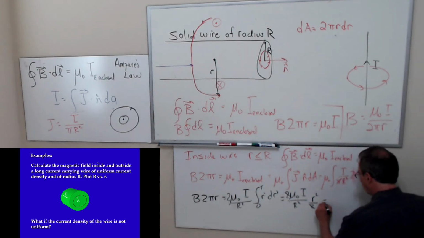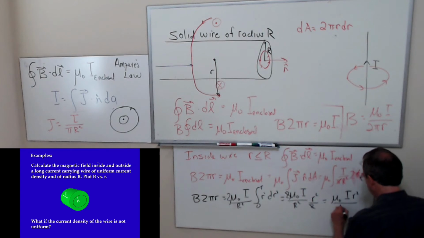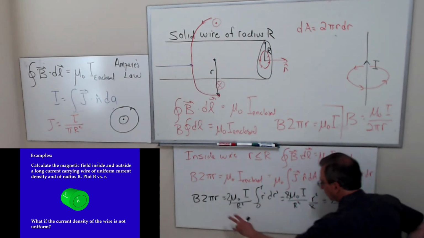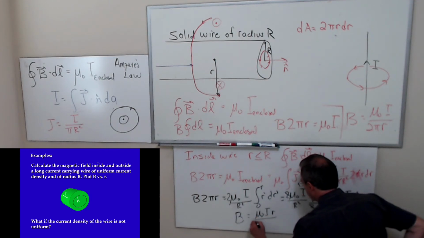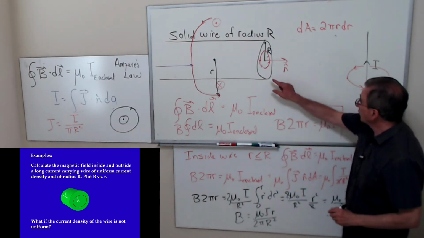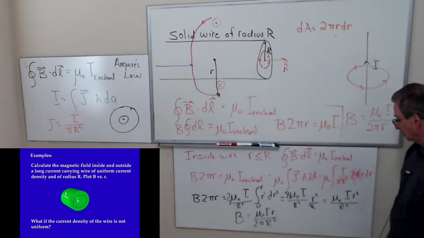This 2 cancels with this 2, and I get mu naught I R squared over big R squared. Now what? Solve for B. Divide both sides by this, and I get B is mu naught I times R over 2 pi R squared. Now, when you're on the surface, little r is big R, guess what you get? Mu naught I over 2 pi R.